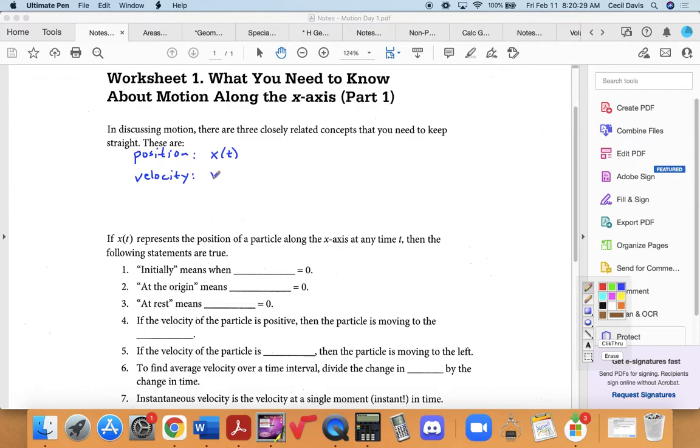We usually will use v of t. This is the rate of change in what? Position. So it is x prime of t.